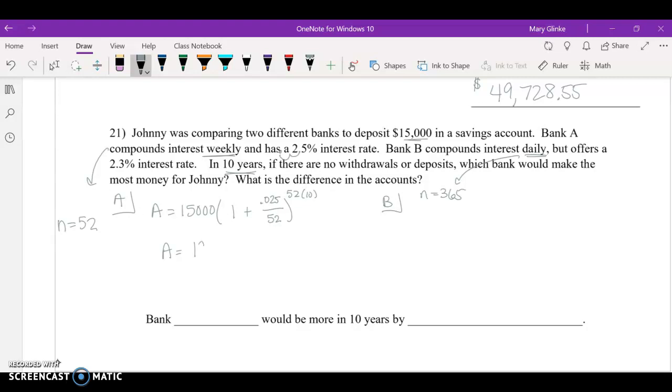So for Bank A, that's our setup. When we plug everything in, we get $19,259.22. For Bank B, we're going to use the same initial amount. Our rate is different though, so it's 2.3.